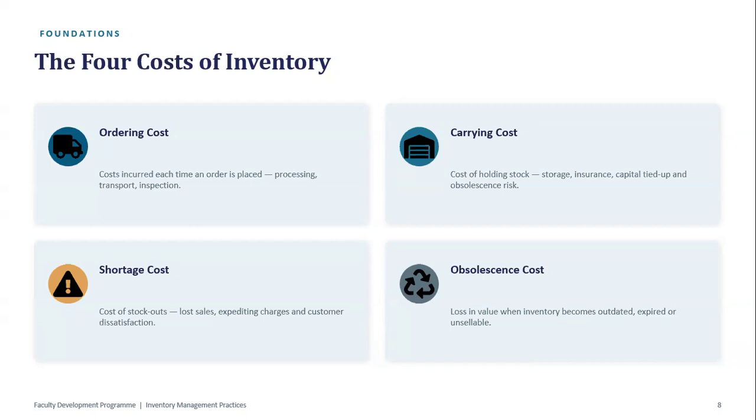Shortage cost occurs when inventory is unavailable, resulting in lost sales and customer dissatisfaction. Obsolescence cost arises when products become outdated, damaged, or expired. The primary objective of inventory management is to minimize the total of these costs rather than focusing on only one category.